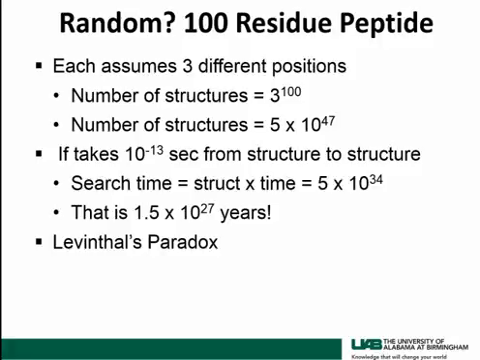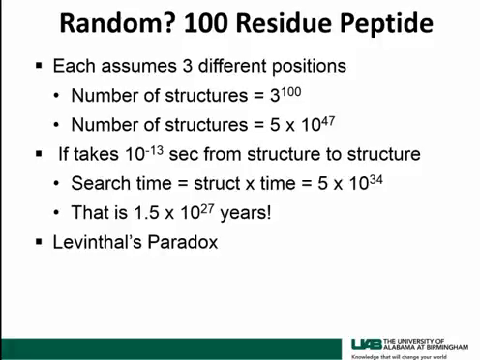Only 3, not the endless possibilities that was proposed under the thermodynamic hypothesis. Each of the 100 amino acids will sample 3 possible conformations. The number of structures that are possible is, take a look at it, 3 to the 100. Wow.